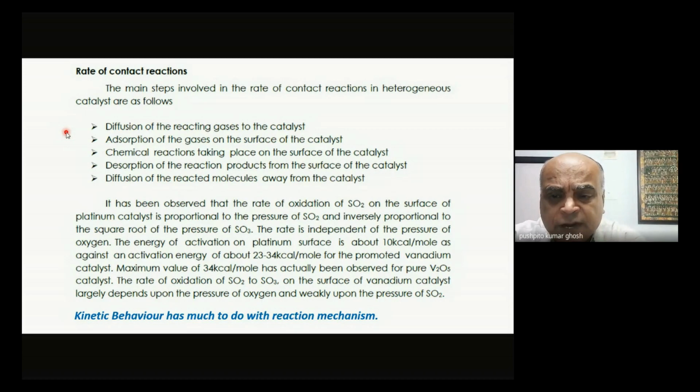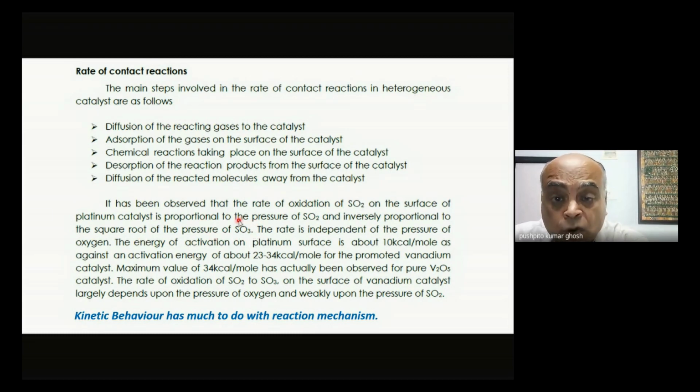Just to illustrate that, I thought I will stress this, it's very interesting. Just see what it says. It has been observed that the rate of oxidation of SO2 on the surface of platinum catalyst is proportional to the pressure of SO2 and inversely proportional to the square root of the pressure of SO3.